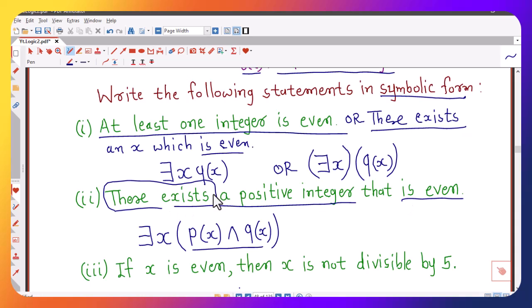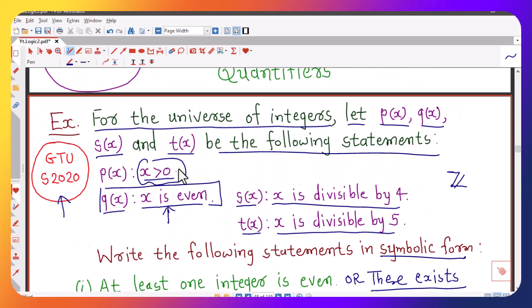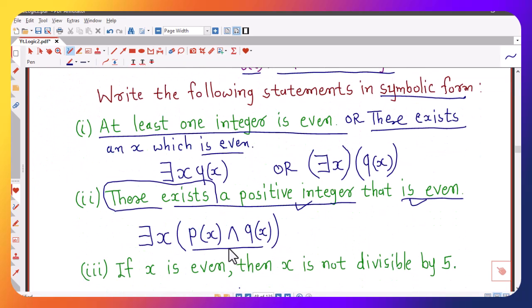Whenever some statements are true for some x, here there is some x which satisfies these two statements, x is positive as well as x is even. In that case we use the conjunction operator, joining these two by AND. So p(x) and q(x) means p(x) is true, that is x is positive, and q(x) is true, that means x is even. And this is not true for all x.